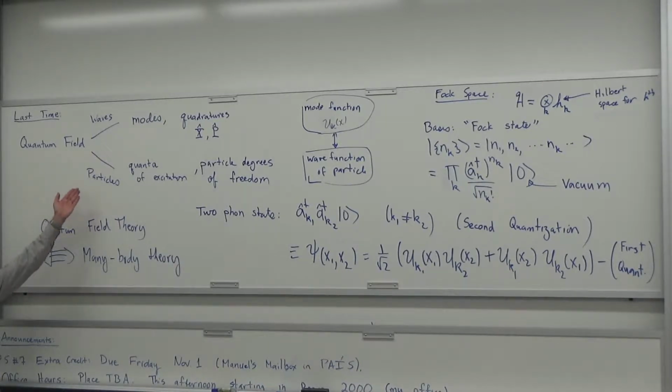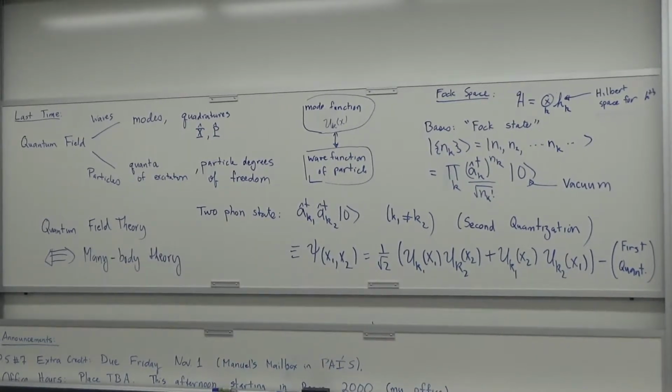Or particle degrees of freedom, where the quanta of excitation of our fields are the particles, the fundamental particles, or quasi-particles, if it's something like a phonon. And we have this duality.